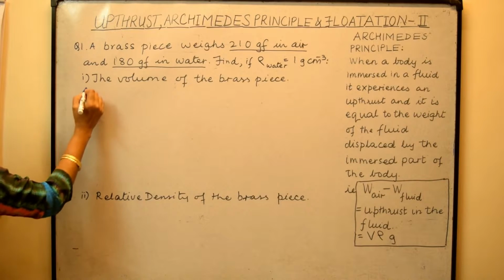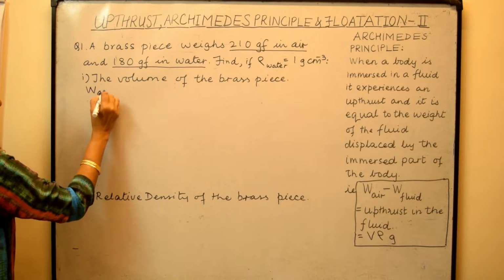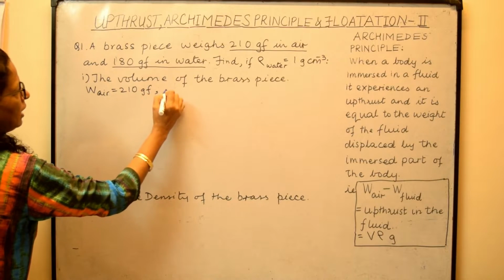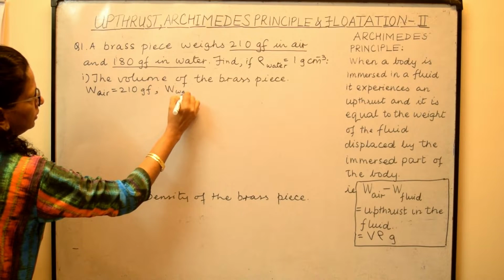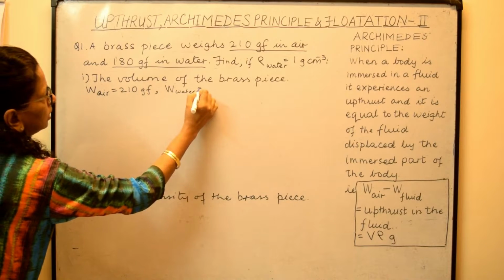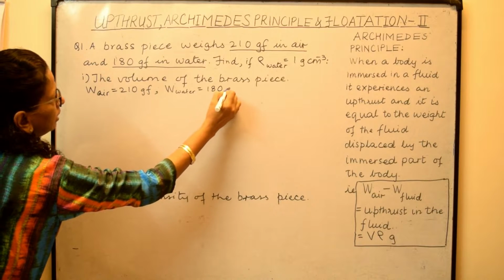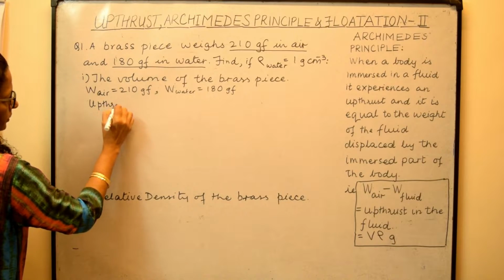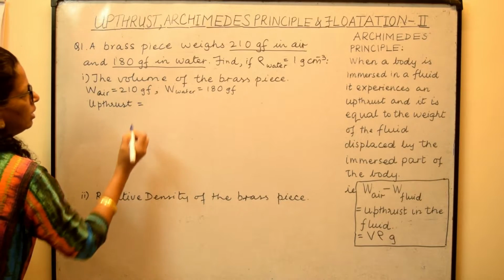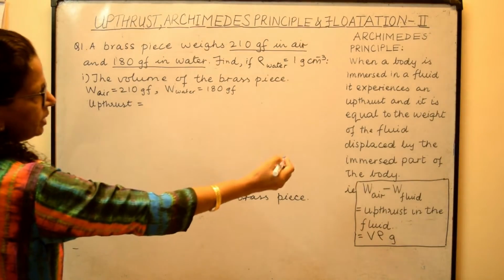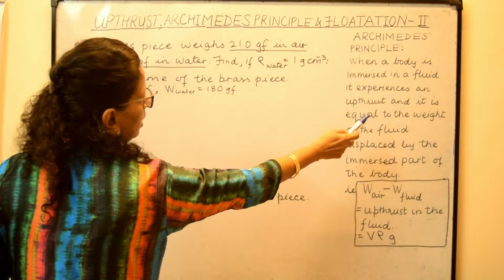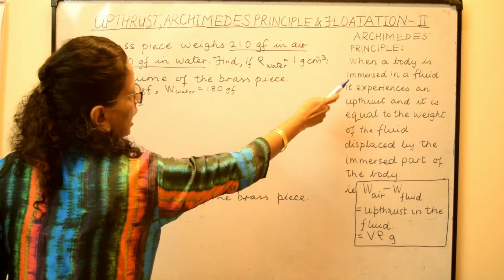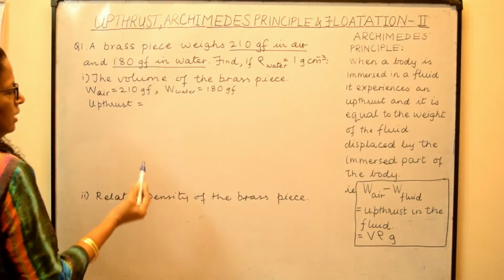Now, we know that weight in air is 210 GF, and we know that the weight in water, W water, is 180 GF, and so we know that the upthrust experienced in the water, according to Archimedes Principle, is equal to the weight of the fluid displaced by the immersed part of the body, which is the upthrust, and that is also the loss in weight.